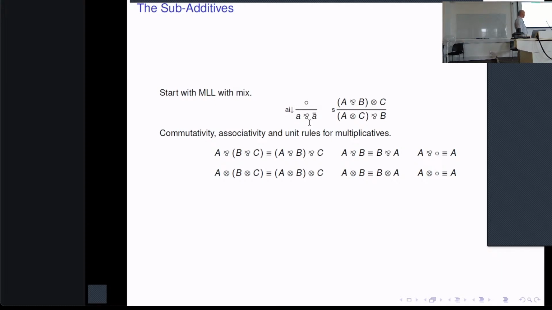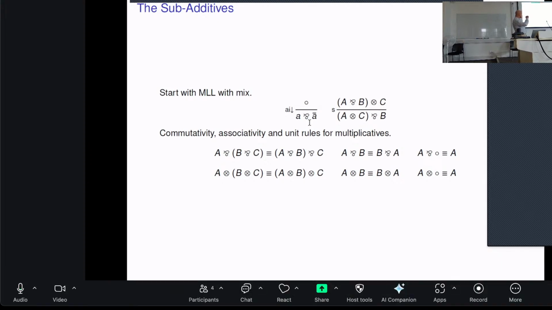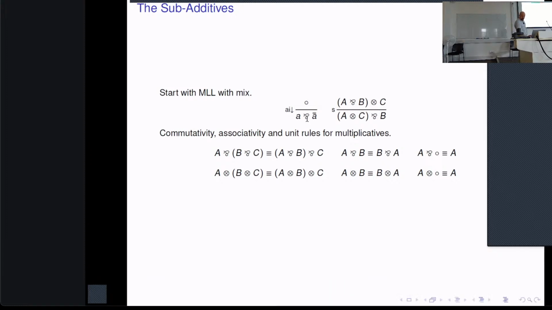It's basically saying A or not A is a tautology, which is something you'd expect in most logics. Another way to read it is, if you see this negation-or as basically an encoding of implication, you can see it as A implies A.